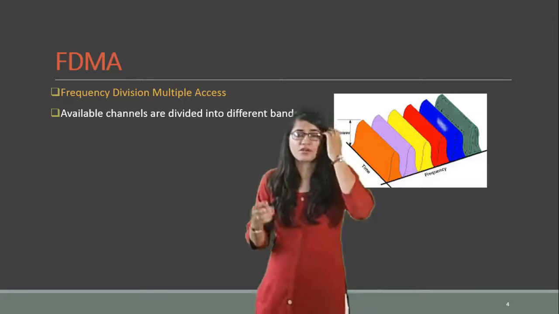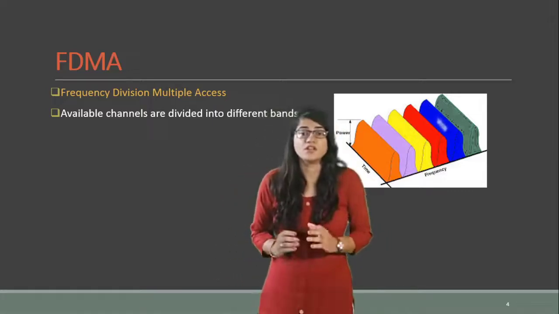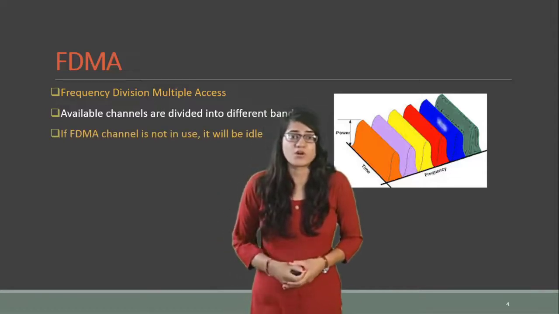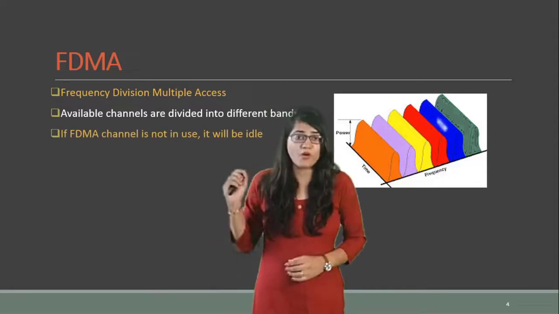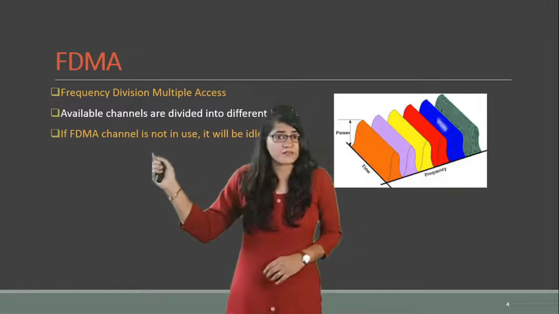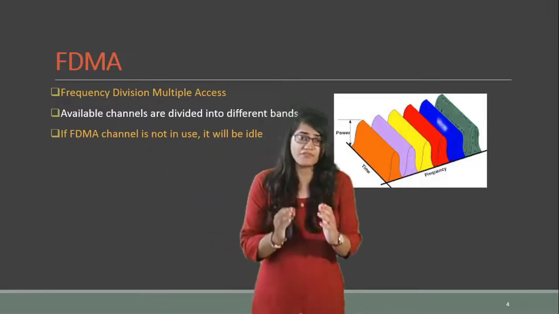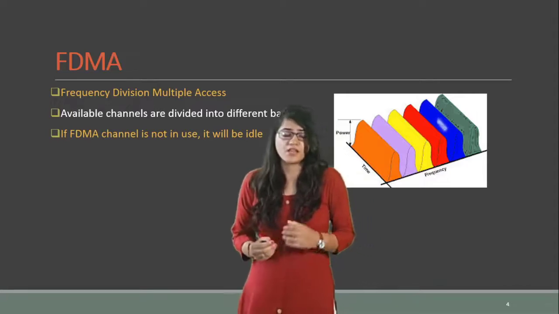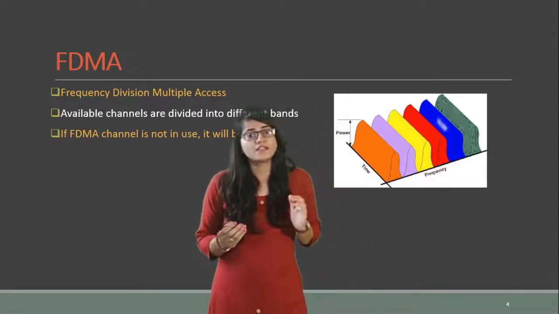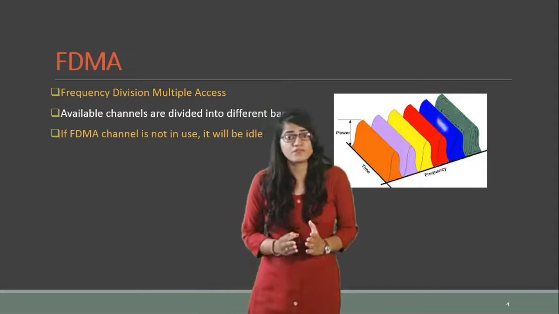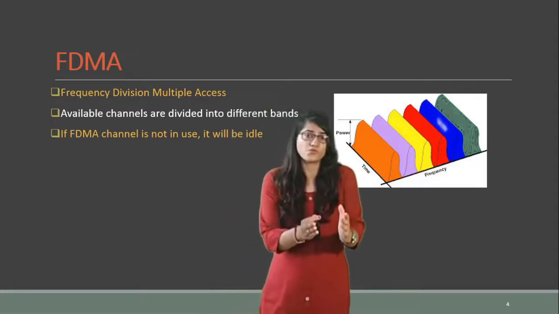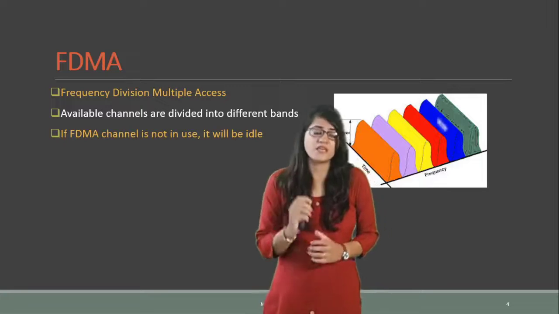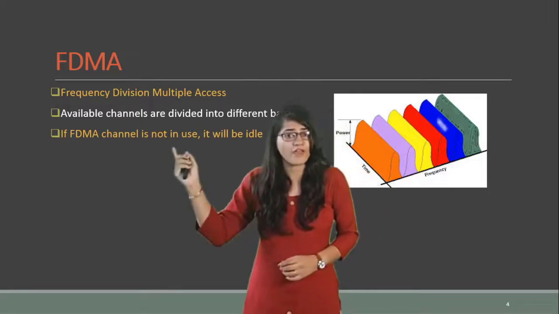Here the available channels are divided into a number of bands, and if an FDMA channel is not used, it will be idle. We can understand this statement by using the fixed channel assignment technique. In fixed channel assignment, we have seen that a particular fixed number of users are allowed to use a fixed number of channels. The same case can be understood with the help of FDMA.